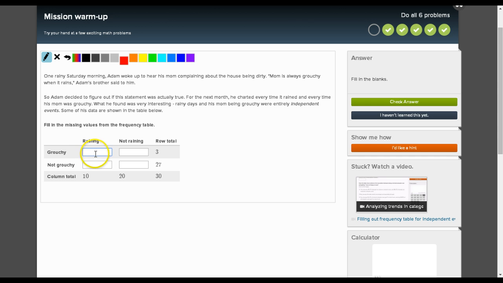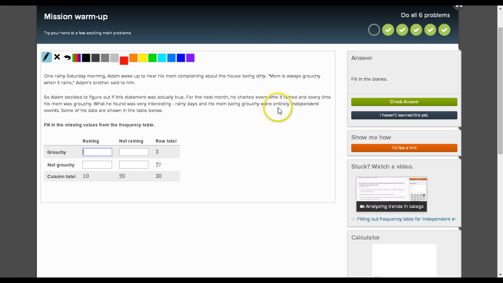So now we have to figure out what value we could put here that would make the probability the same as 3/30, because the probability of her being grouchy outright is 3/30, right? 3 grouchy days out of 30.